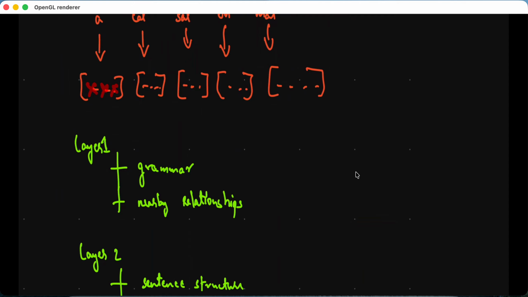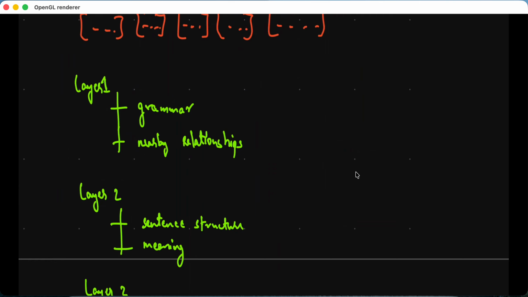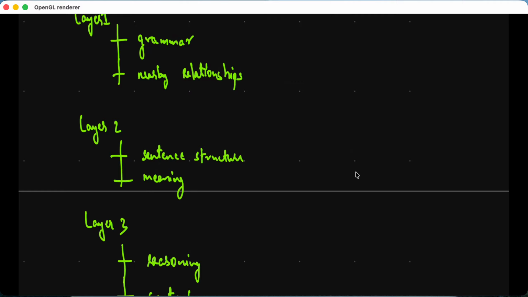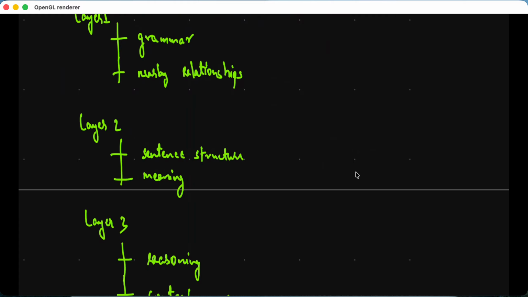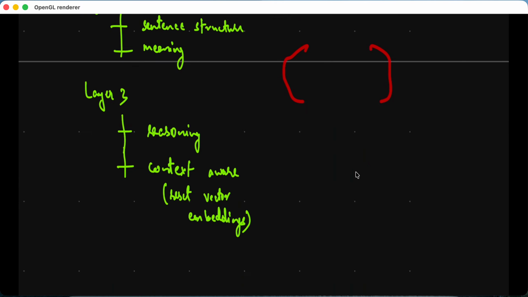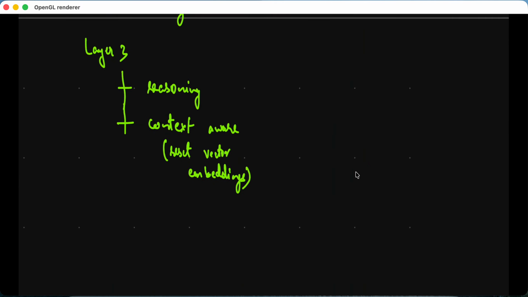Let's say cat is here and mat is here, and we try to form a relationship between those two points and understand the context. So in each layer we find some pattern, and we attach them or change the dimensions or the vector's values. That is how we understand the meaning in a sentence.